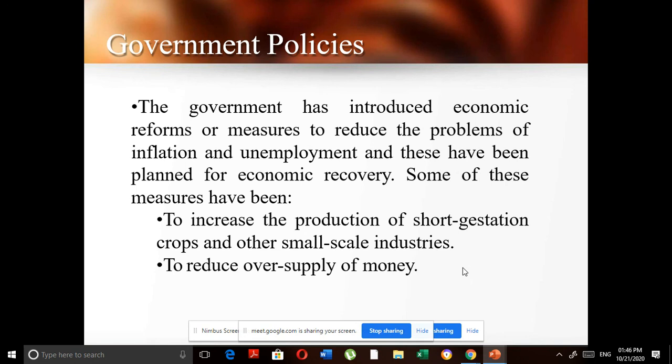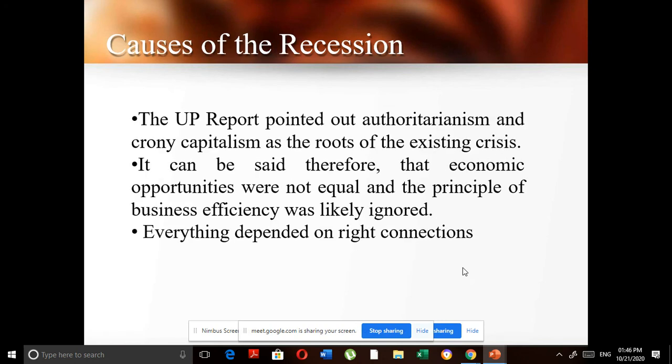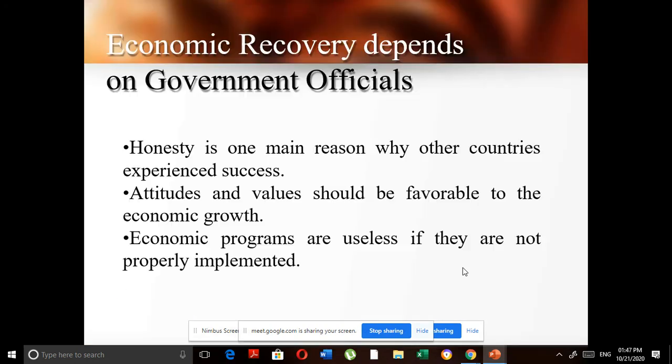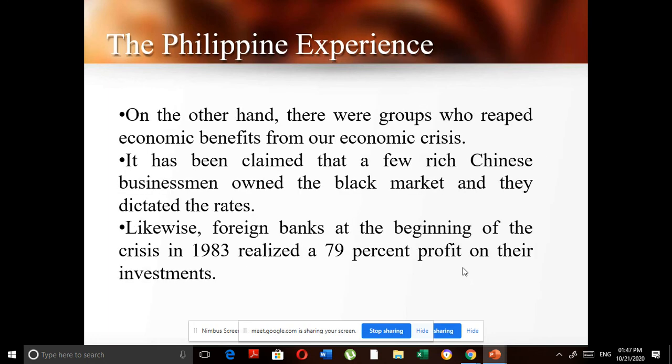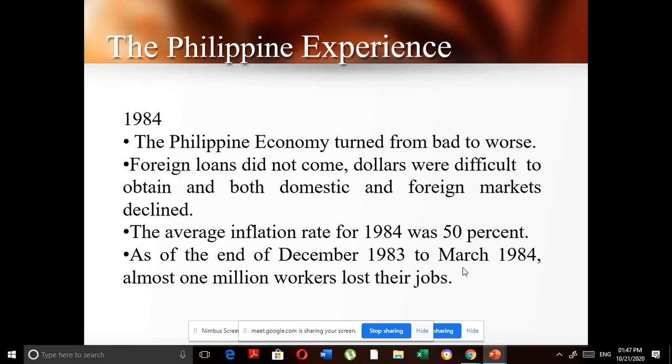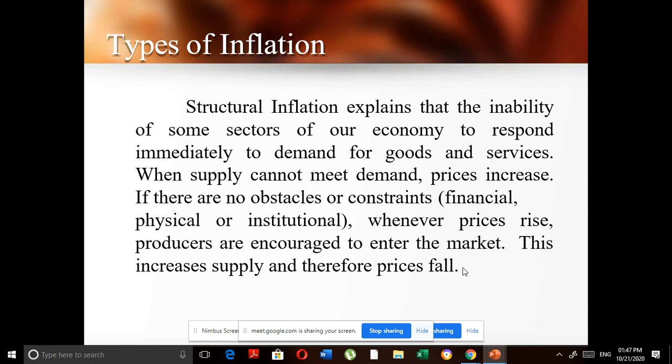Okay. Now, kinds of inflation. Who remembers the kinds of inflation? If we are talking about demand and supply: demand pull inflation and cost push inflation. What does demand pull inflation mean? Demand exceeds supply.